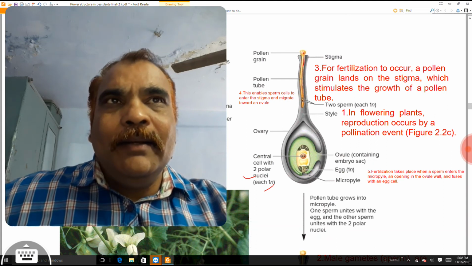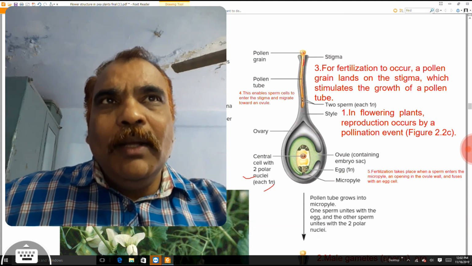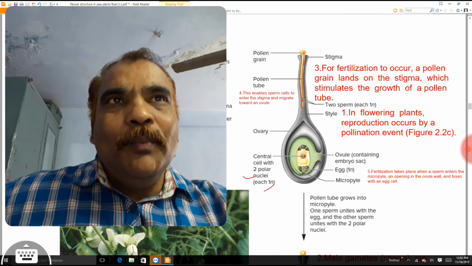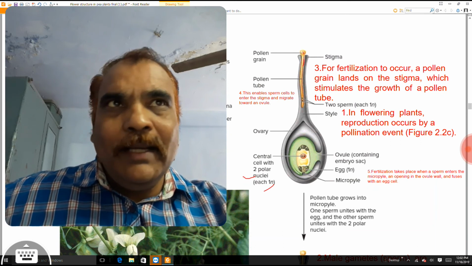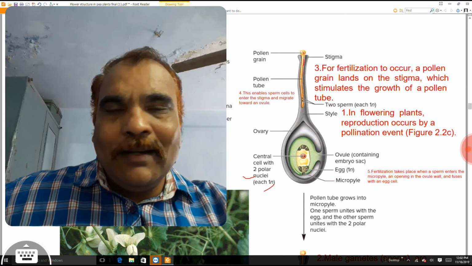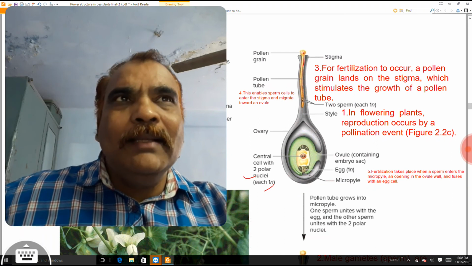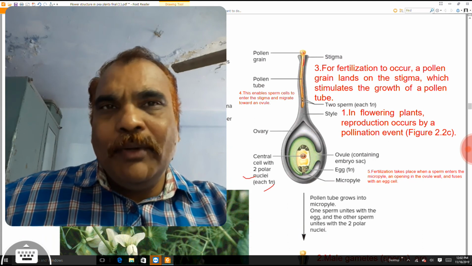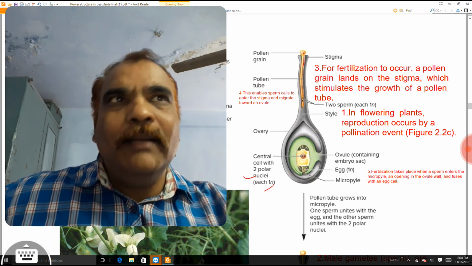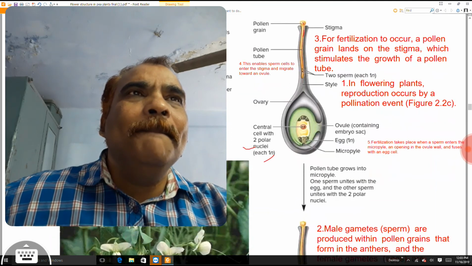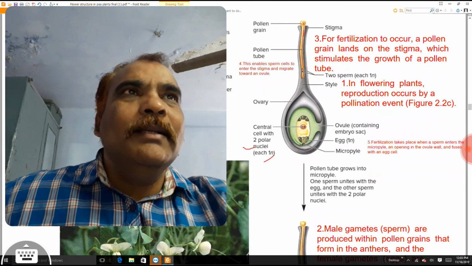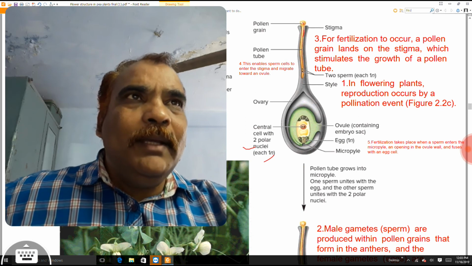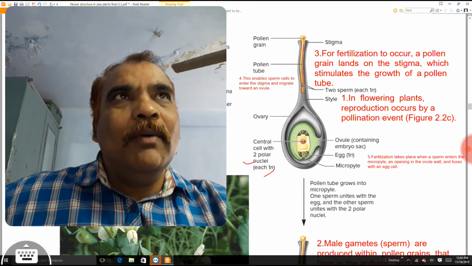So in the center is the central cell with two polar nuclei, and in these polar nuclei one set of chromosomes is present. This is the entire arrangement of the female reproductive organs.